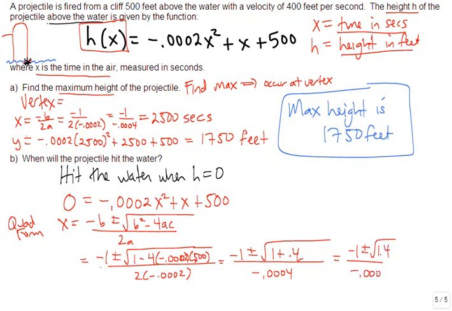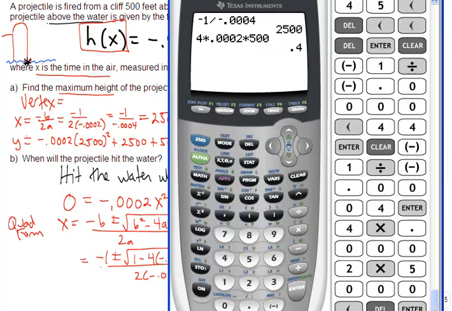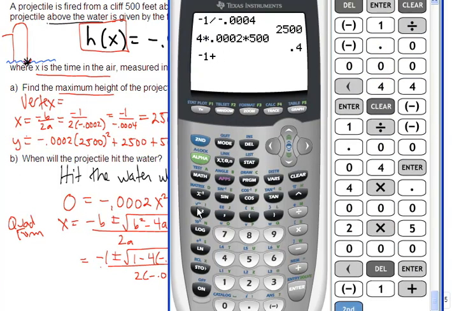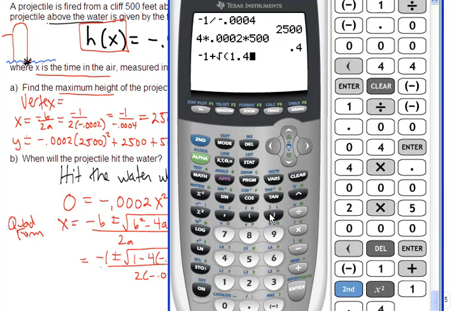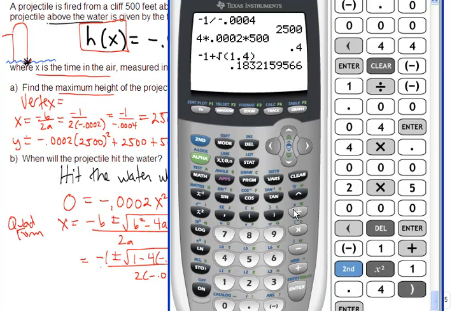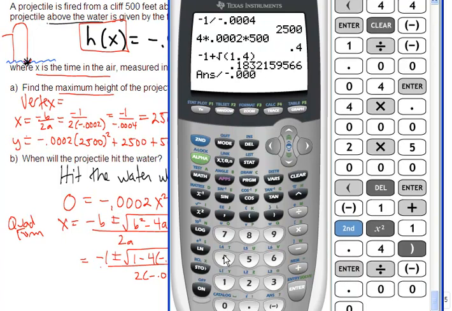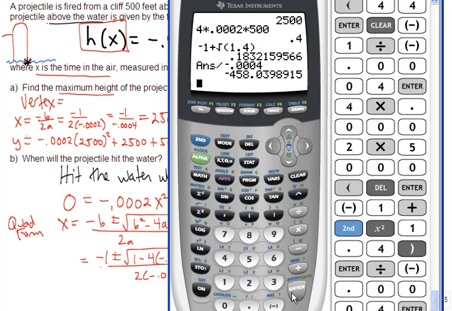And now we're just going to type this into our calculator to get some decimals. So if we do negative 1 plus square root of 1.4, get an answer, and then divide that by negative 0.0004, notice that we get a negative answer, which we don't want to allow because this solution that we're finding is x, and x is time, so this would say negative 458 seconds, which doesn't make sense in the context of the problem.